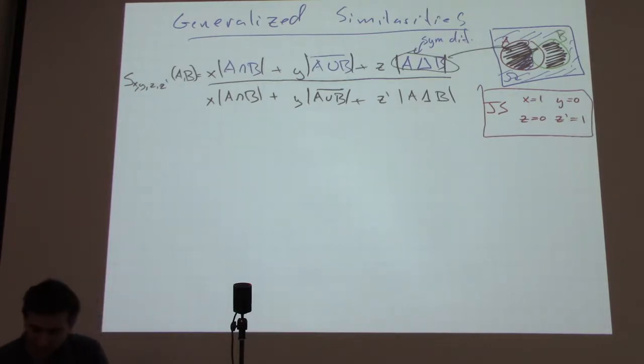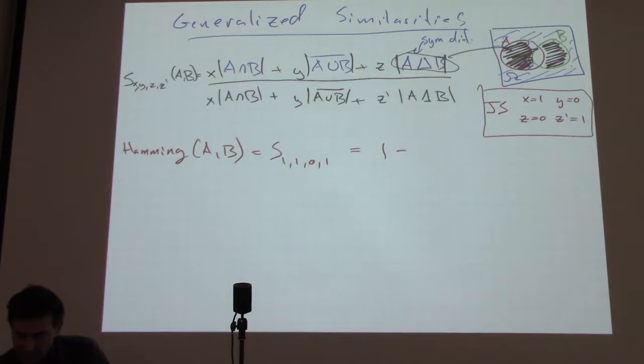Okay, so I'm going to write down a few other similarities. There's something called the Hamming similarity between A and B. This is equal to the general form 1, 1, 0, 1, and after simplifying, it equals 1 minus the symmetric difference of A and B divided by the size of the entire domain.